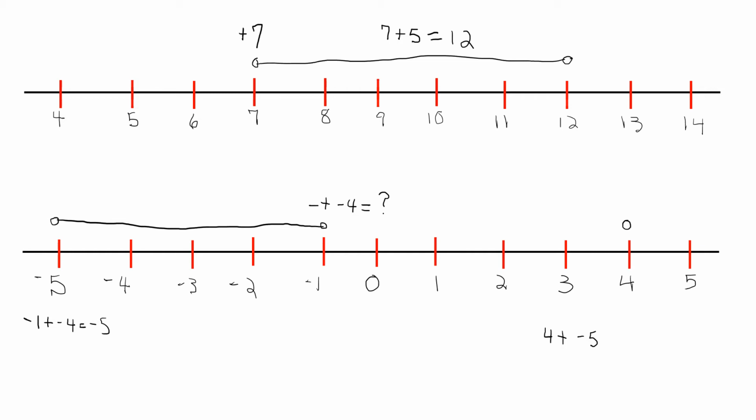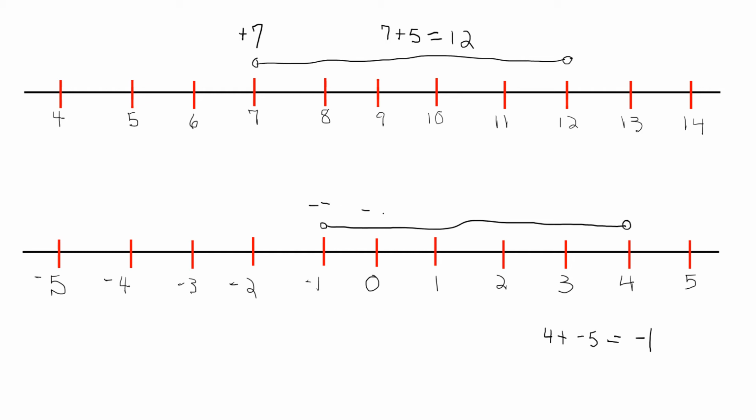Again, I'm not going to put another circle here because it ended up at -1, so I'll just draw a line. So 4 plus -5 equals -1. See that? It carries that sign right there. Let me erase this stuff because I'm going to do some more examples so you can really get used to it, and so it doesn't look cluttered and confusing.